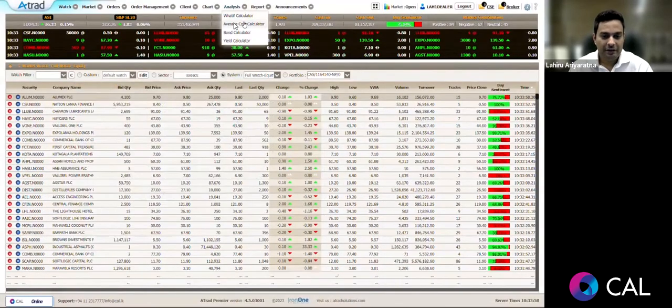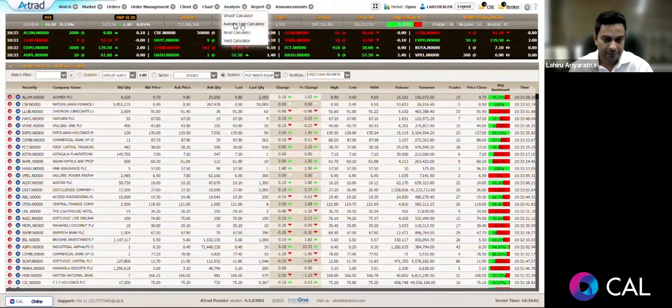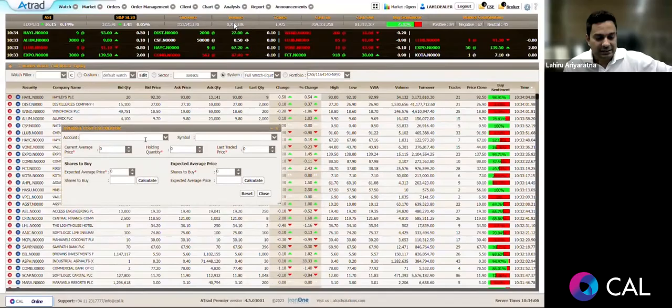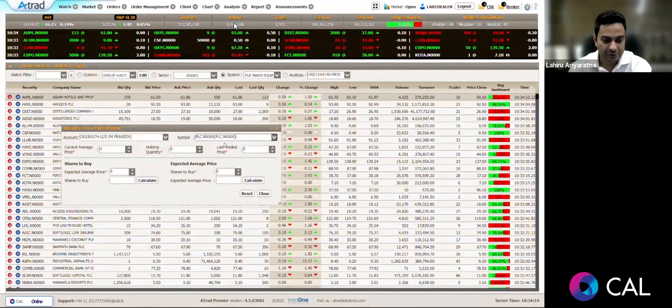Let us move on to your average cost calculator. What the average cost calculator does is allow you to average a stock by buying at a particular price point. Again, in the system I'll have to choose a client, but in your case, you'd probably be the default account holder. For this particular client, I have 4,485 shares of People's Leasing, which I have bought at 11.85, and the stock price has dropped to 11.10 now.